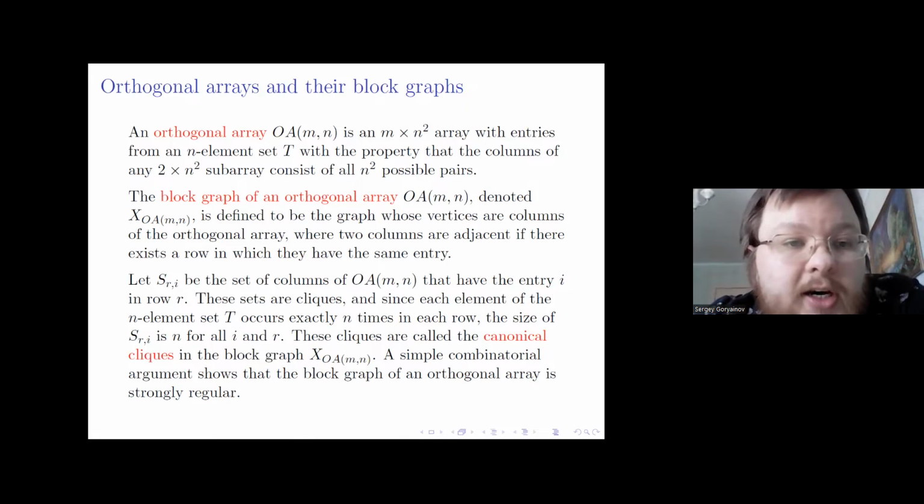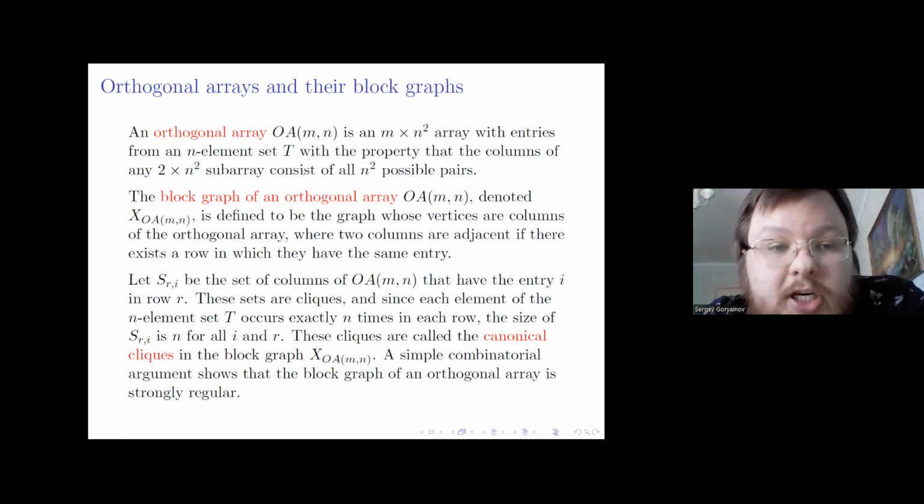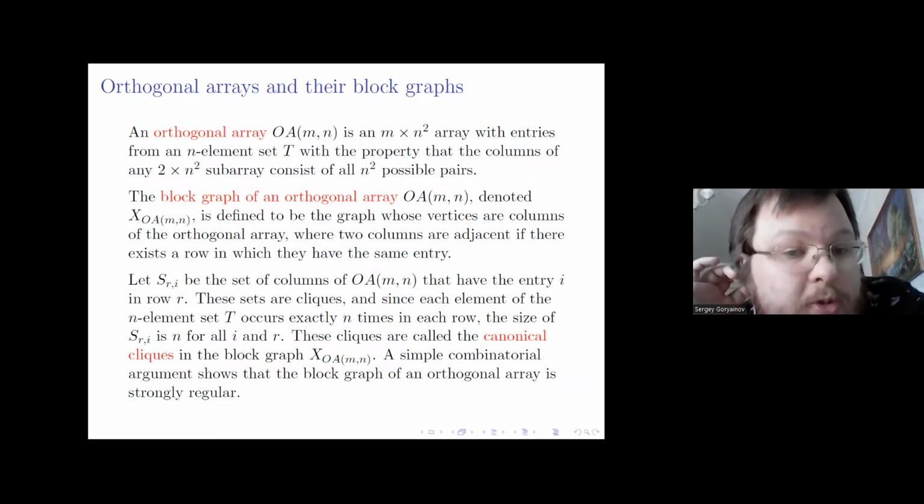Let S_{r,i} be the set of columns of OA(m, n) that have the entry i in row r. These sets are cliques, and since each element of the n-element set T occurs exactly n times in each row, the size of S_{r,i} is n for all i and r. These cliques are called the canonical cliques in the block graph.